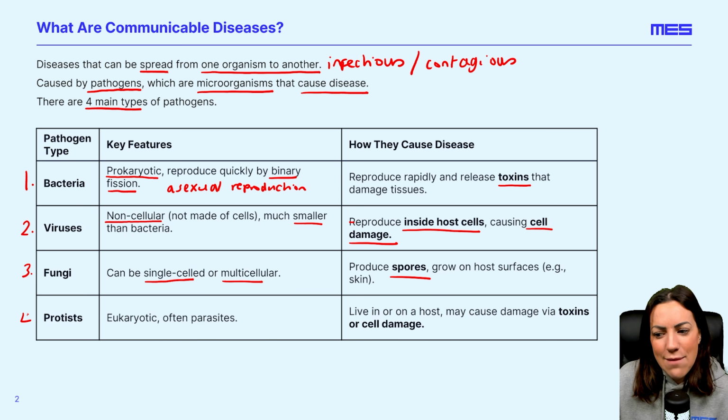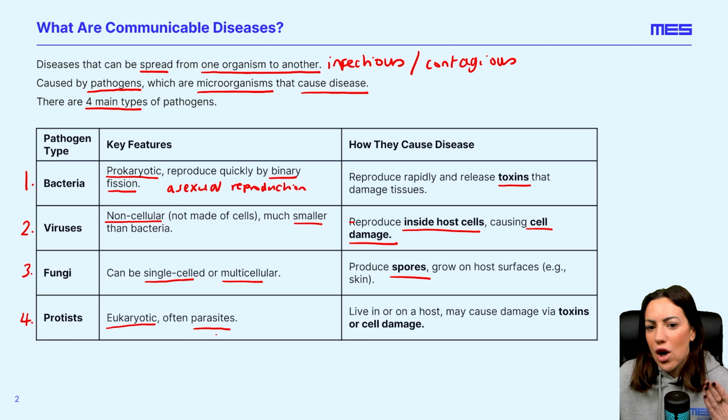The fourth type of pathogen is a protist. Now, protists are kind of a strange group of organisms, and they are eukaryotic, so their cells do have a nucleus. They're often parasites, which means they live on or inside another organism, and they depend on that organism for food and for survival.